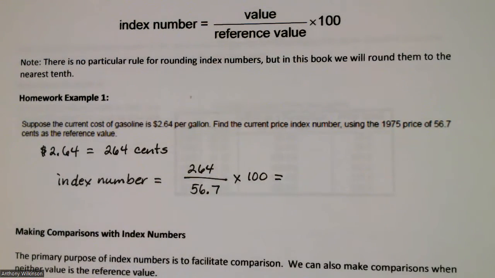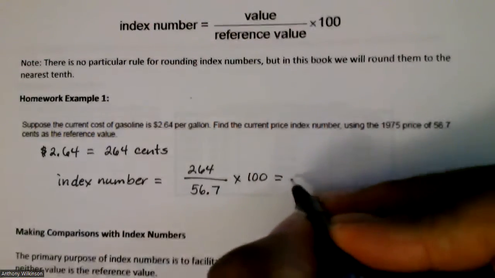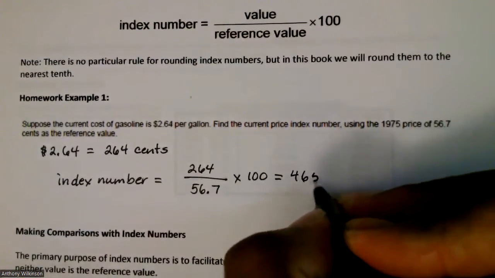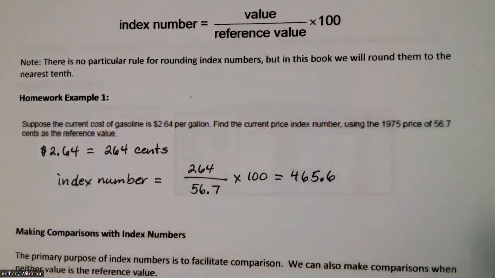That would be my index number, 465.6, using the 1975 price of 56.7 cents as a reference value. That would be the current price index number if the current price of gasoline was $2.64 per gallon.